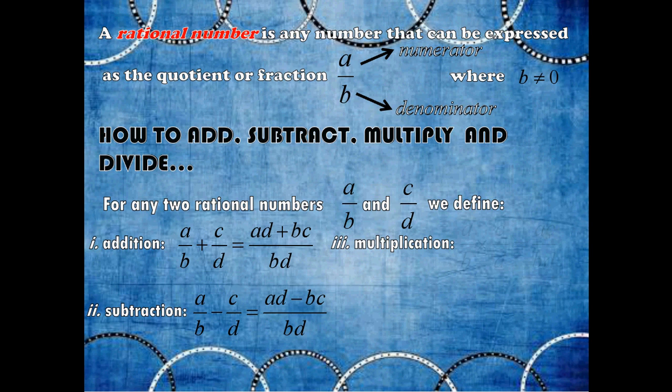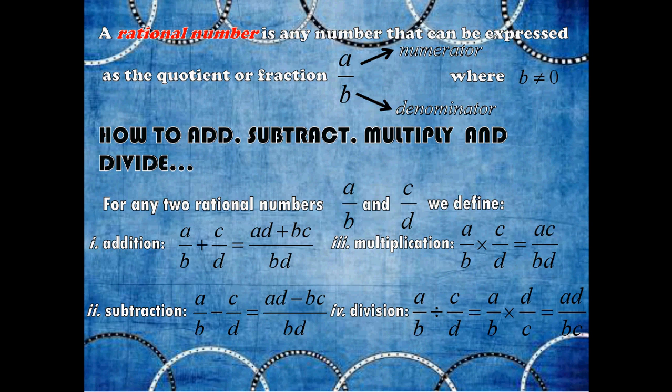For third, multiplication, a over b times c over d is equal to ac over bd. So in multiplication, the process is multiplying the numerator to numerator and denominator to denominator. And the last one is a over b divided by c over d is equal to a over b times d over c is equal to ad over bc.